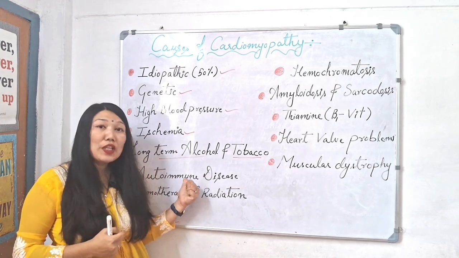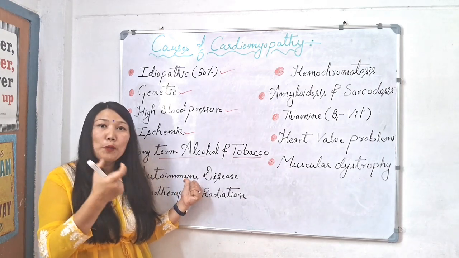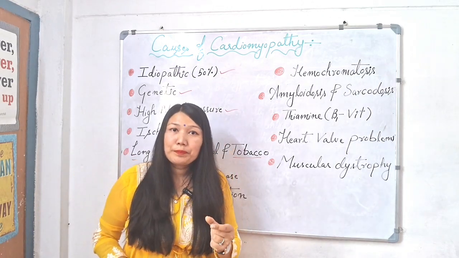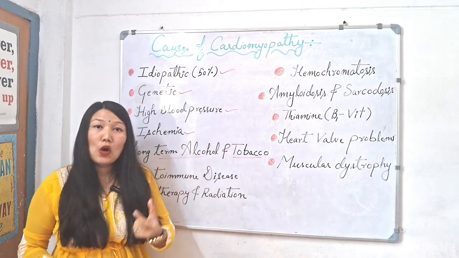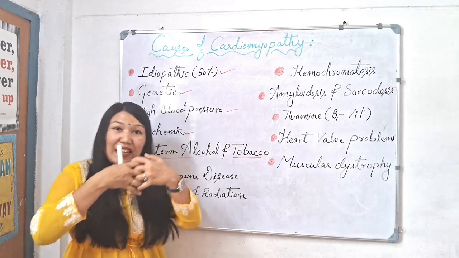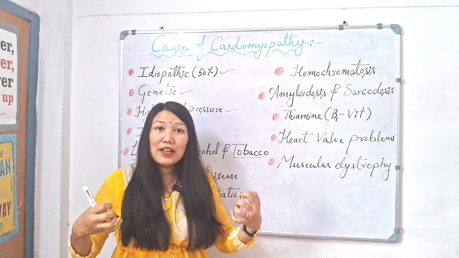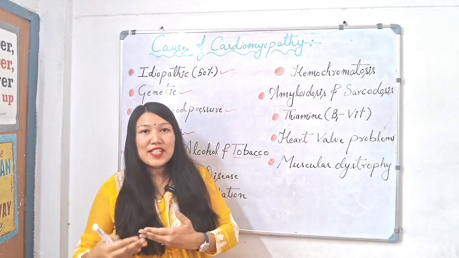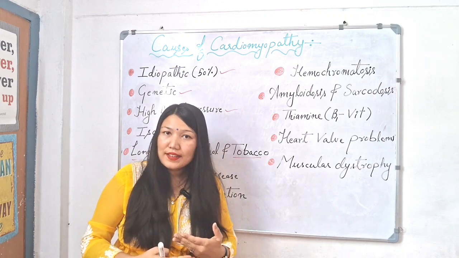And due to this autoimmune disease condition, a chemical called cytokine is released, because this cytokine tries to suppress this interference. But what happens? Due to the extra release of cytokines, they can damage our muscles, our cardiac cells.